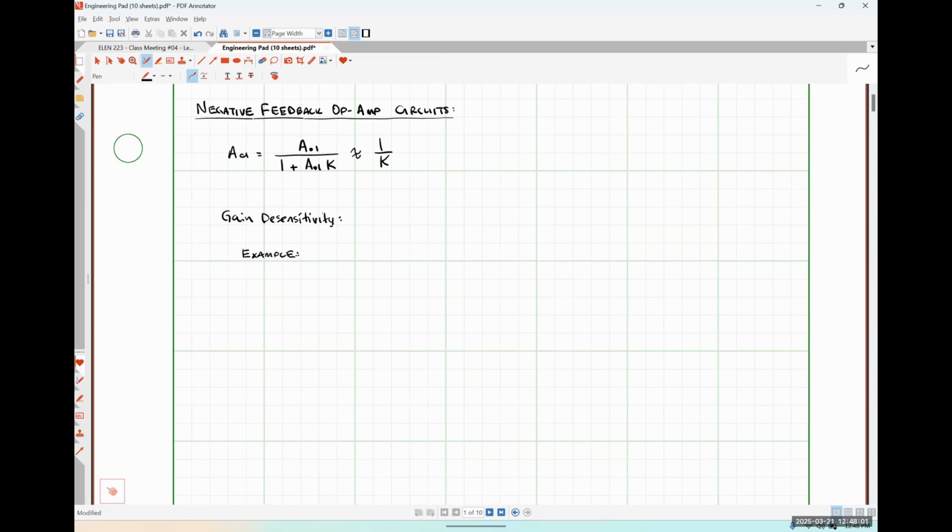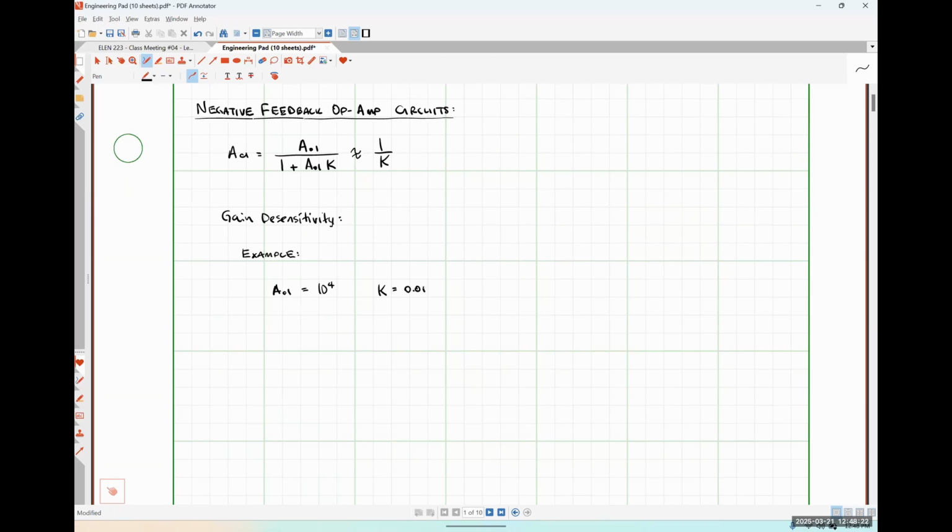So let's say that we have a system whose open loop gain is 10 to the 4 and whose feedback factor K is 0.01.